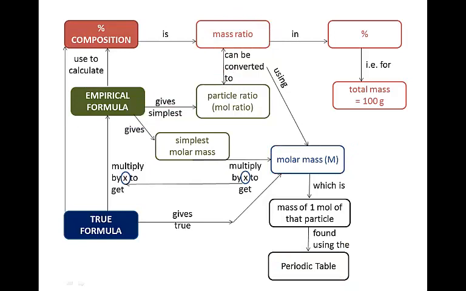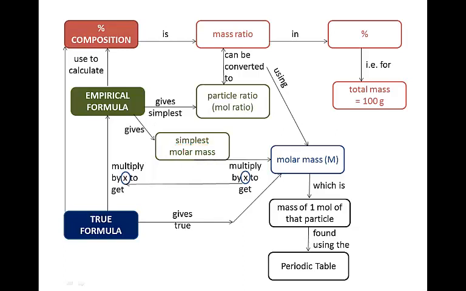The empirical formula gives us a particle ratio in the simplest form. So if you add the molar masses according to that ratio, you will get the simplest molar mass. But now the problem is that sometimes that simplest molar mass is not the true molar mass. It's not actually how many grams a whole mole of that substance would really weigh.